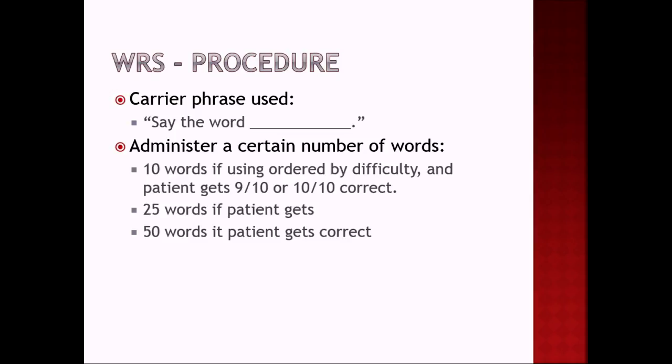I was always taught that the carrier phrase peaks at 0, and then you pronounce the target word naturally, because some words are going to be softer in intensity than other words. So the carrier phrase is supposed to peak at 0, and then the target word is just pronounced. Other people will say it is the target word itself that is supposed to peak at 0 in the VU meter. So that's just something to keep in mind.